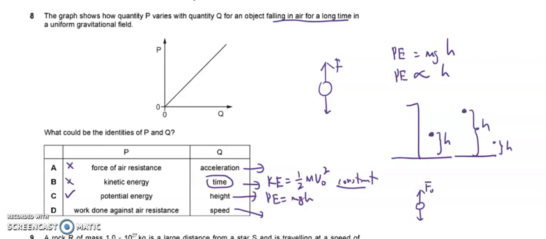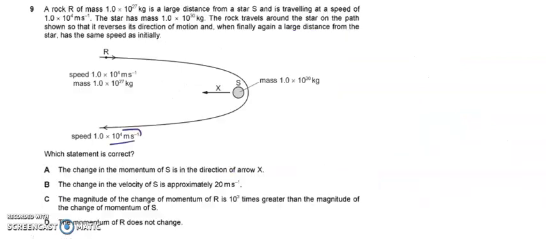So the work done after it reaches the terminal velocity, W equals F naught times d. As the distance continues to increase, the work done will keep increasing, whereas the speed has reached a constant value, so it's no longer a direct proportional. So this is not possible.